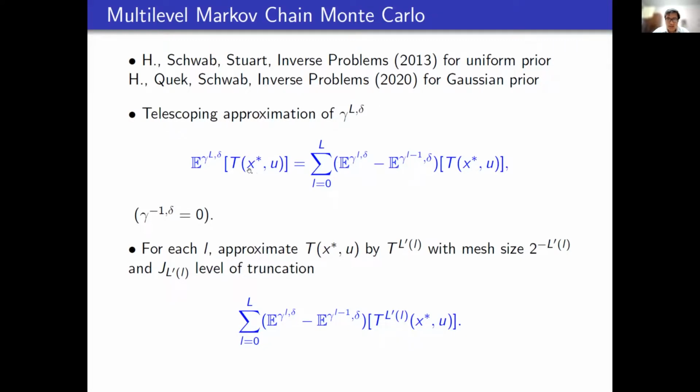So the left-hand side is what we want to find. We just write this left-hand side in terms of a telescopic sum. Here you see that I have the difference of the posterior mean of the quantity of interest with respect to two consecutive levels of approximation for the posterior. So I've got this gamma L and this gamma L minus 1 here.